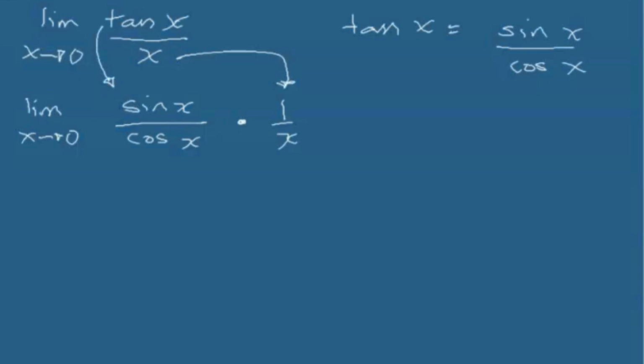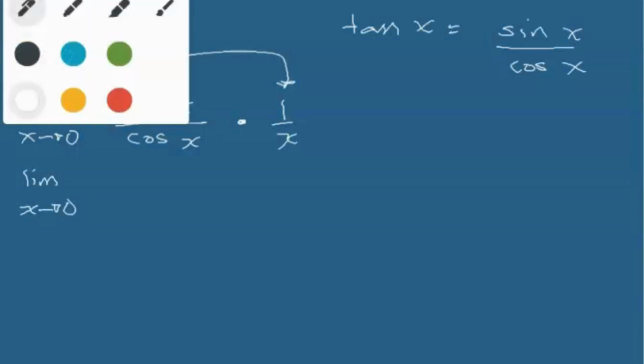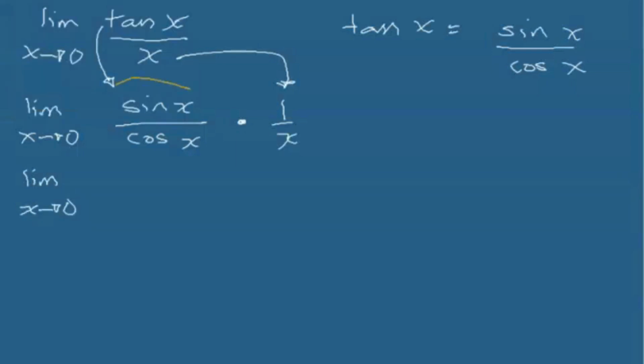All right, and then look carefully at what happened. As you can see here, this sine x over x is our special trig limit. So let's group that: sine x over x times 1 over cosine x.